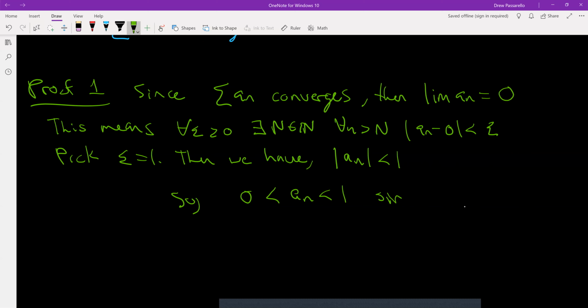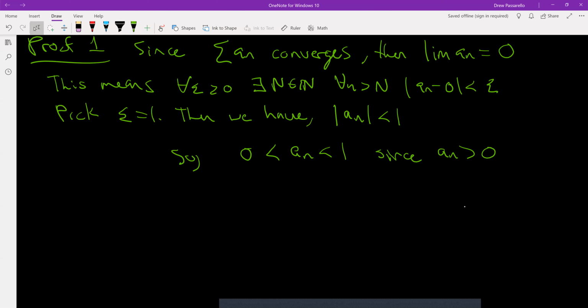Since a_n is greater than 0, for a_n squared, if we're restricting ourselves to be between 0 and 1, that's going to be less than or equal to a_n, which is less than 1.